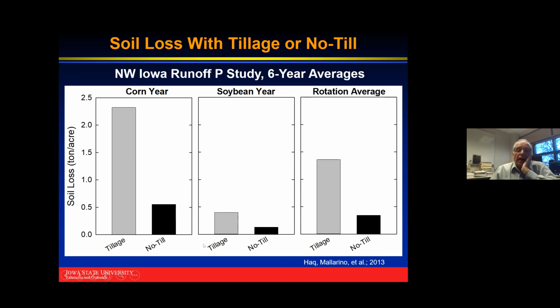So we can see what others have found, that no-till, of course, reduces soil loss. But the interesting thing, and there is data, but not as much, is that the main problem of soil loss is in the corn year when we plant in soybean residue, okay? The soil loss in the soybean year is much less, okay? And of course, for the rotation it is more or less the average.